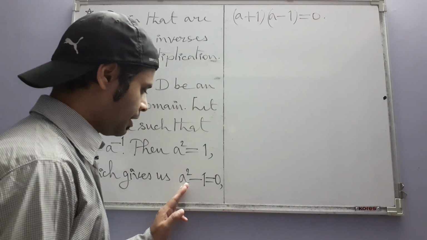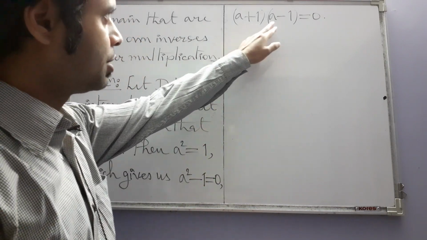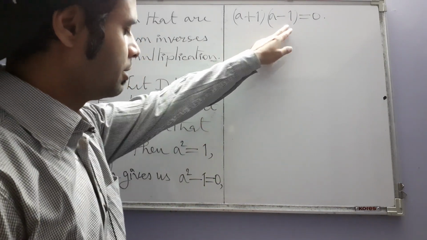Note carefully that A square minus 1 is equal to A plus 1 times A minus 1.